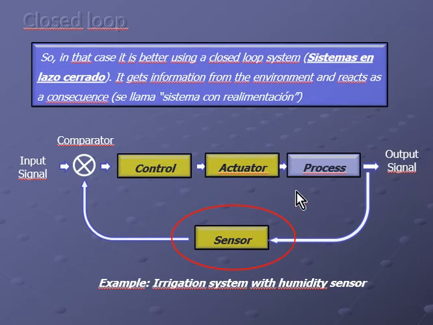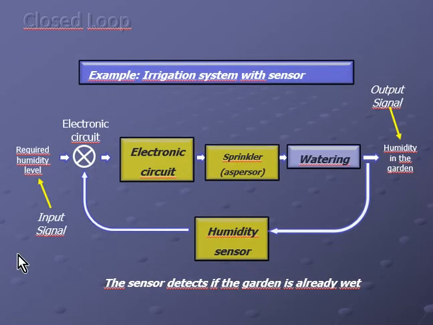In this case, we have a sensor. It's the key element now, getting information from the environment, from the surroundings, and sending it to a comparator or the control system, which compares the desired signal with the real situation we have. For example, in our irrigation system, we have a humidity sensor.